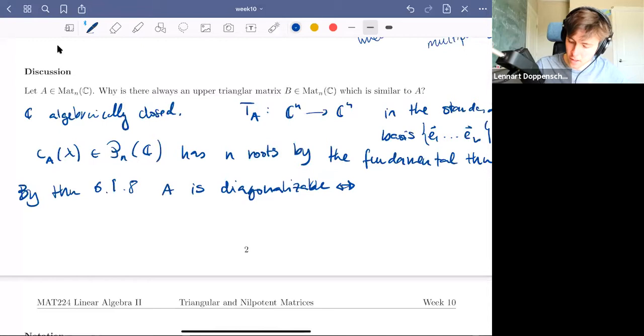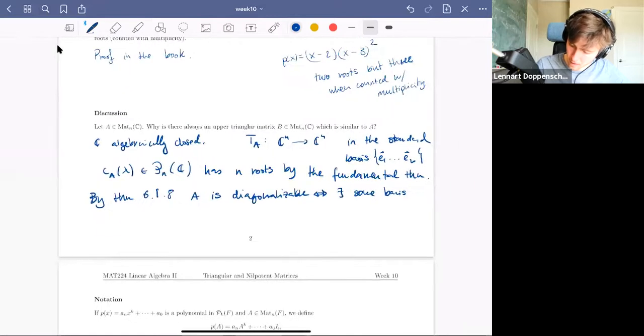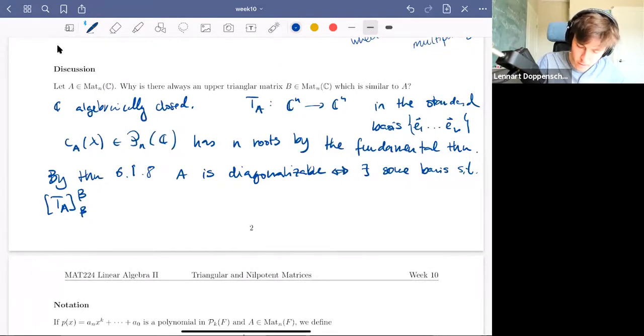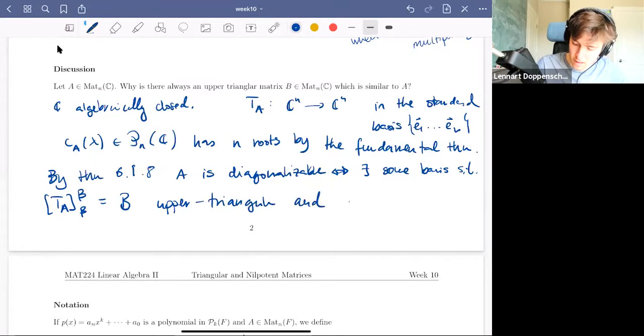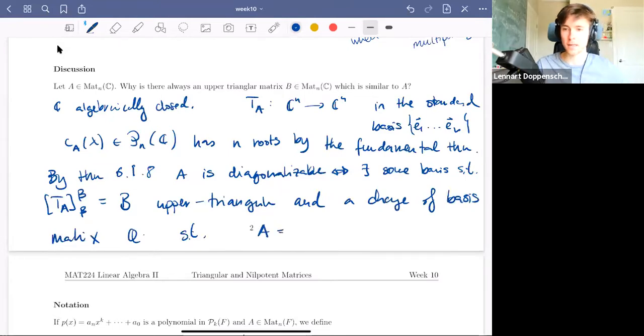And this is just by definition: there is some basis such that the transformation in this basis is upper triangular. So we could just call this B. And a change of basis matrix Q such that, well, A is the matrix representing the transformation in the standard basis.